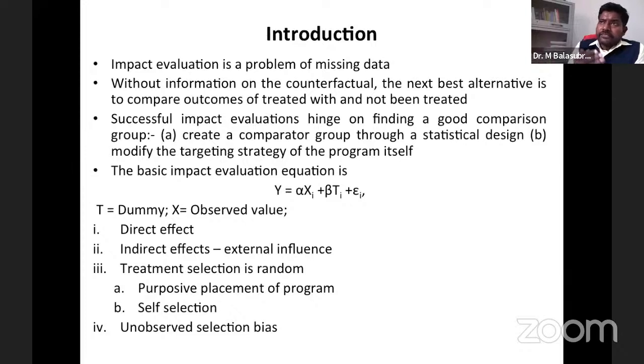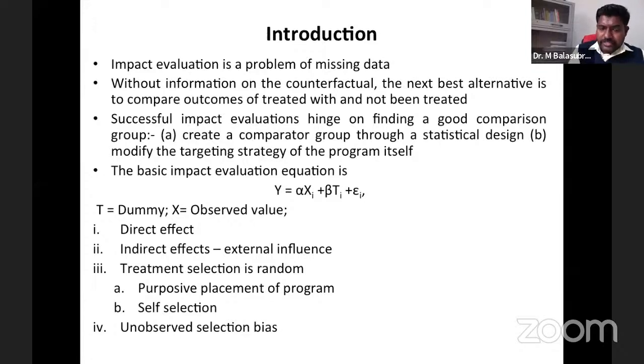Then there is self-selection. Of course, this self-selection is based on observed factors in the field, and there may also be some unobserved factors. To reduce the error from these unobserved factors in our analysis, in our equation, gives more accurate results, right?